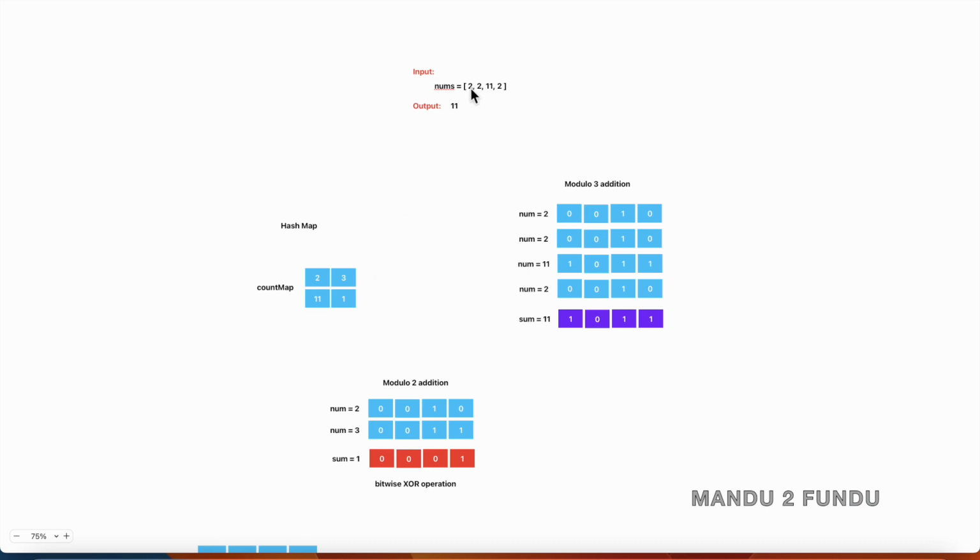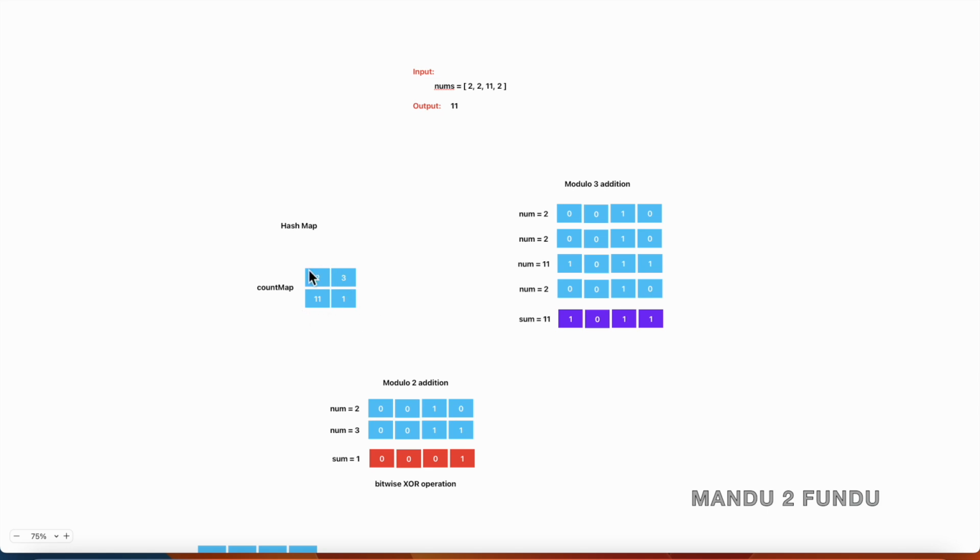So in this case number 2 occurred 3 times, so 2 is the key and the frequency is 3, and number 11 is the key and the frequency is 1. Once this hash map is built, we can walk through it and find the entry with the frequency 1. In this case, the key 11 has a frequency 1.